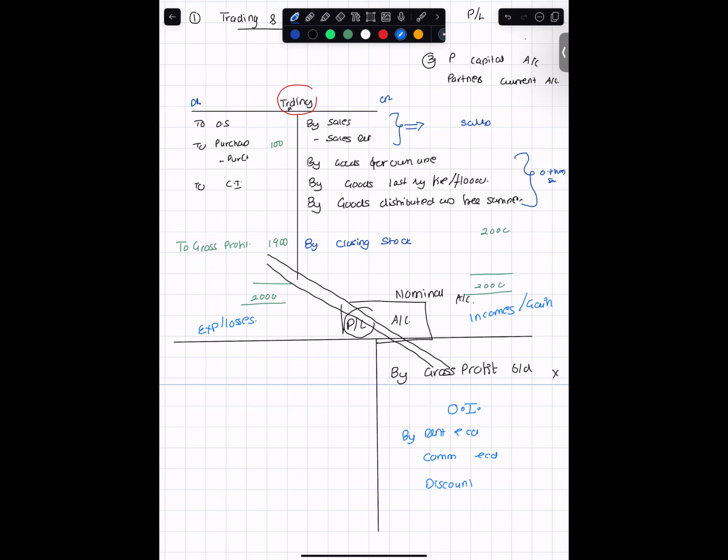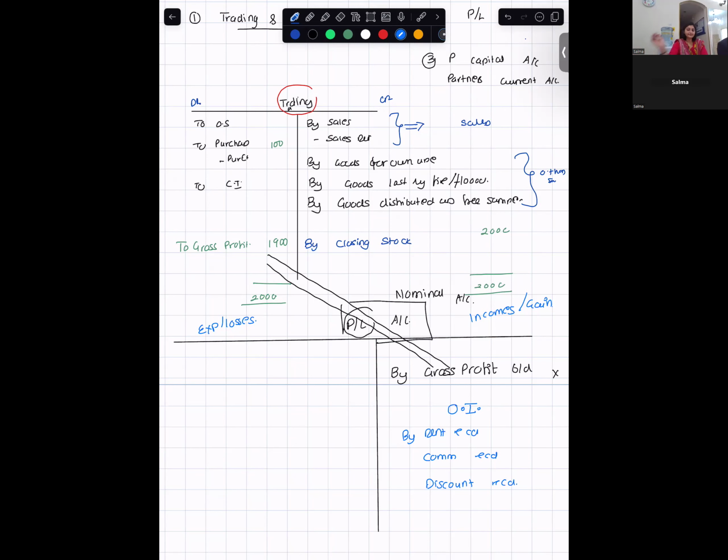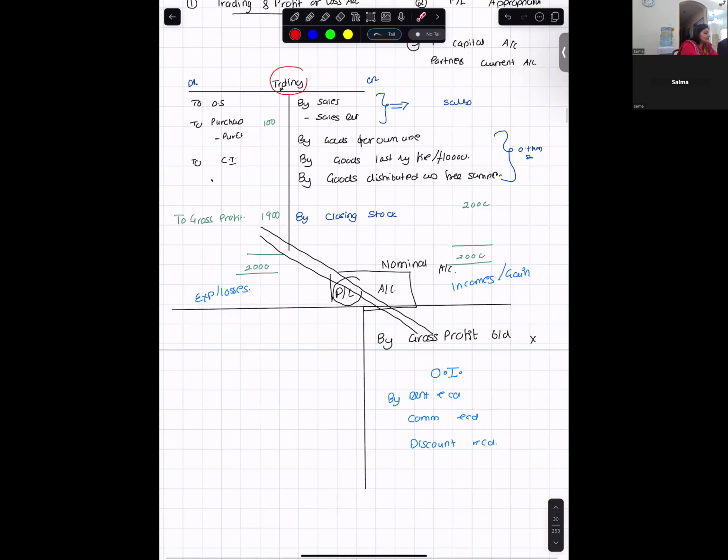How about the debit side? Everything related to purchases and sales comes over here. You have this gross profit which is brought over here.